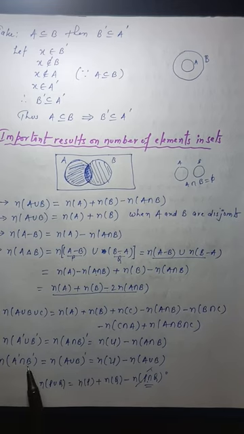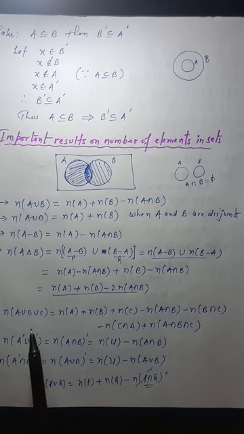Like A dash intersection B dash is equal to A union B whole dash. And this whole dash can be written as universal set minus the same set. So these are the major results, there are 6-7 important results based on elements in a set.